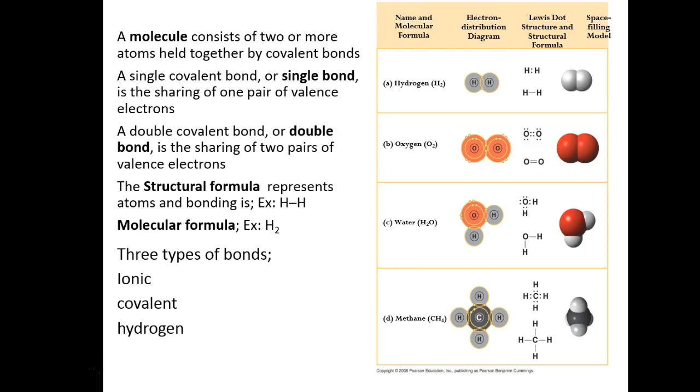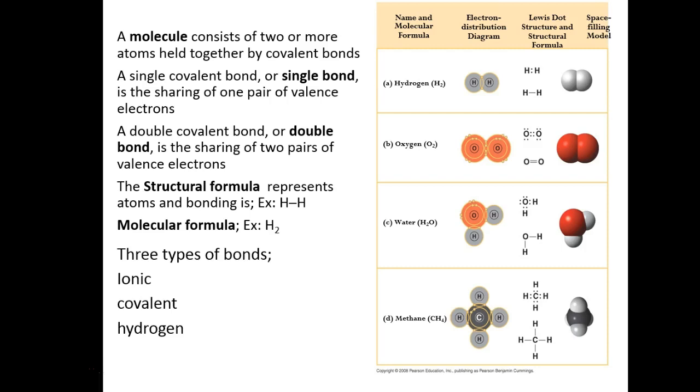A molecule now, and unfortunately sometimes these terms get used interchangeably, but we'll try to keep it clear, consists of two or more atoms held together by a covalent bond. And there are two types of bonds, covalent and ionic, and we'll talk about covalent right now.